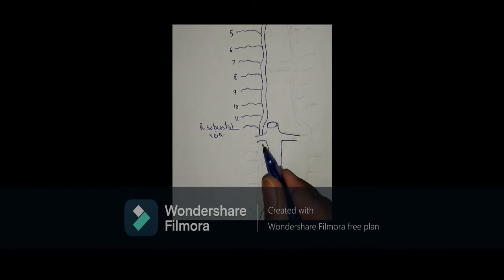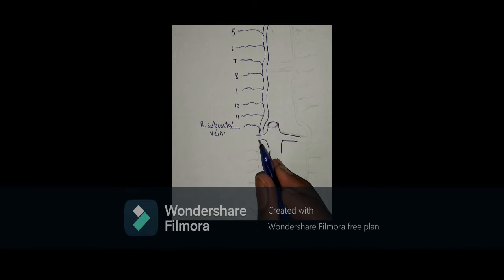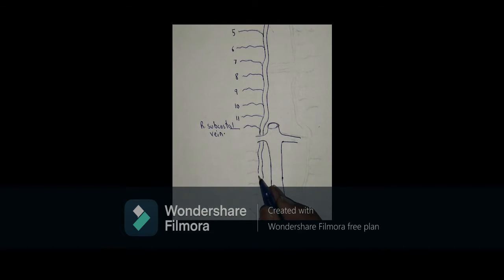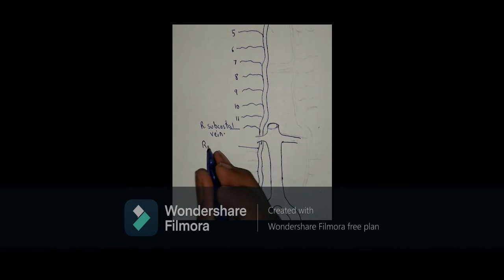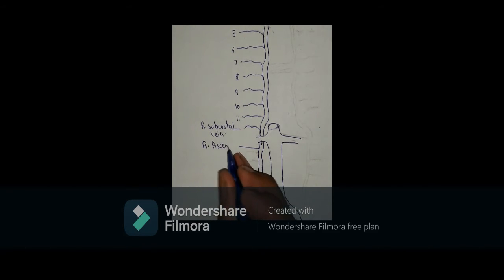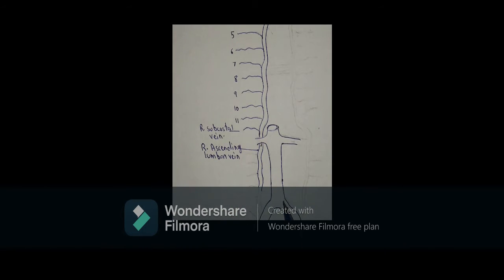From below, below this renal vein, this vein right here is the ascending lumbar vein. The azygous vein is formed by the union of the ascending lumbar vein and the right subcostal vein. This is the right ascending lumbar vein, and it also gives off branches to the lumbar region.